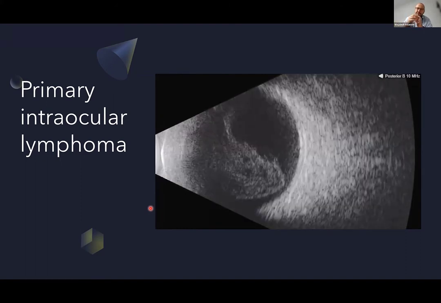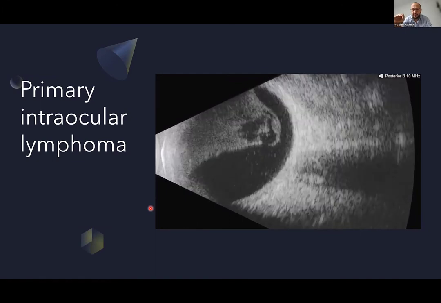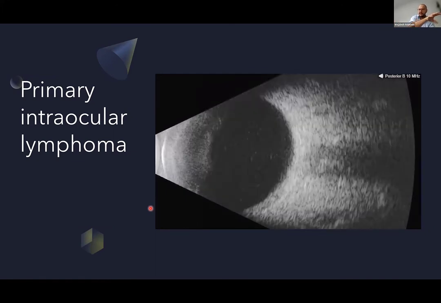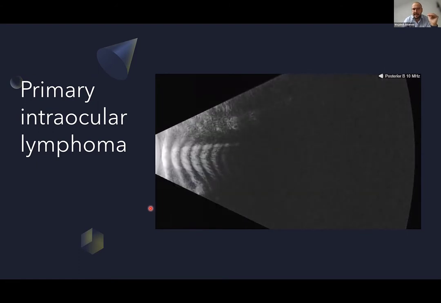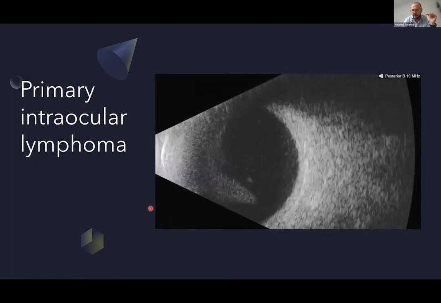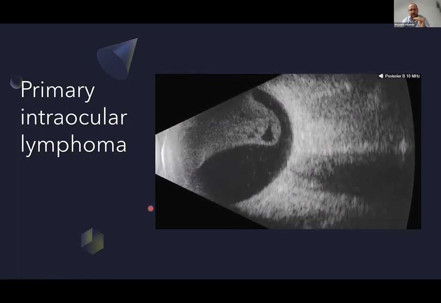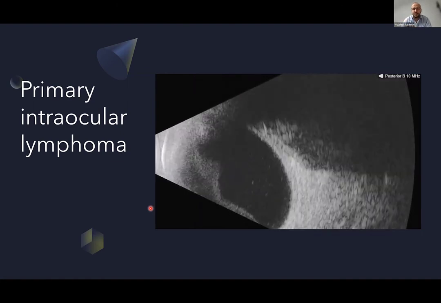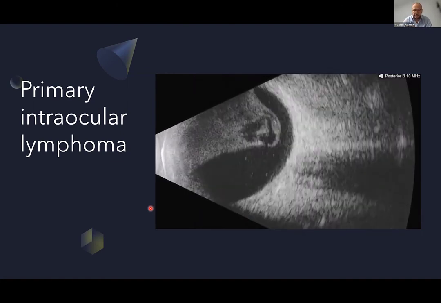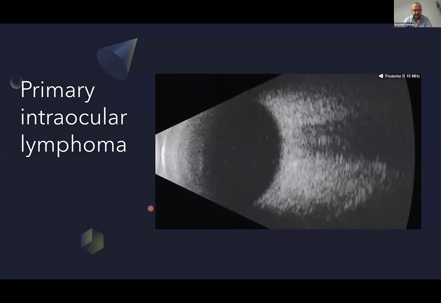It's a very lazy vitreous, and it's quite constant in time. So if we get a patient with opacities that we suspect is a hemorrhage with an attached retina, we can observe the patient. But if the patient is not really changing and the vitreous hemorrhage is not evolving at all in a matter of months, we have to think about primary intraocular lymphoma in those cases.